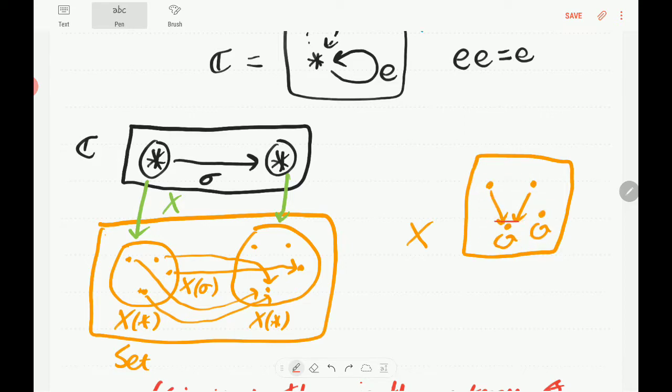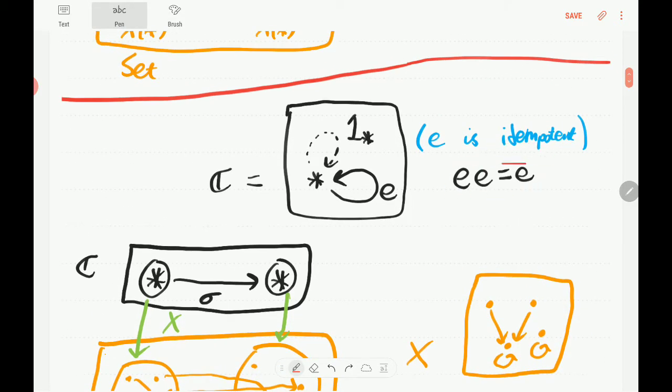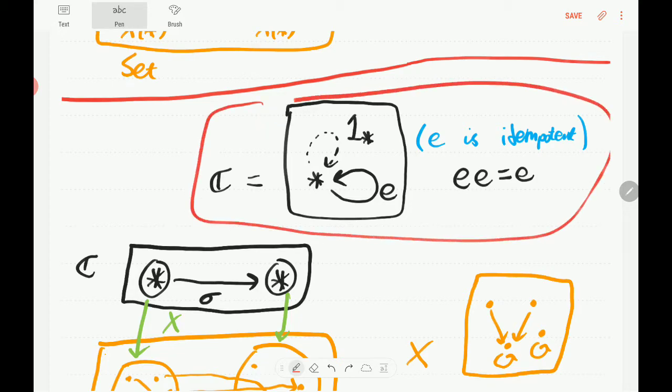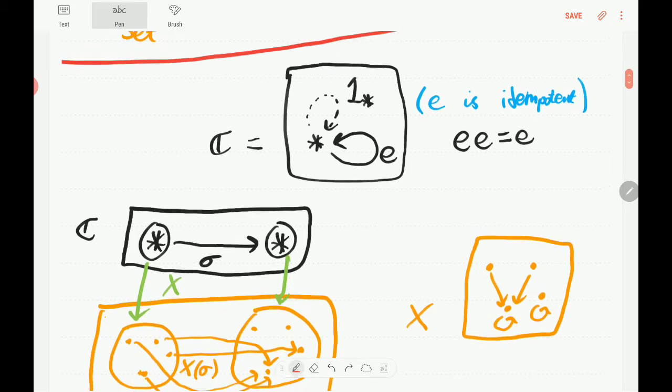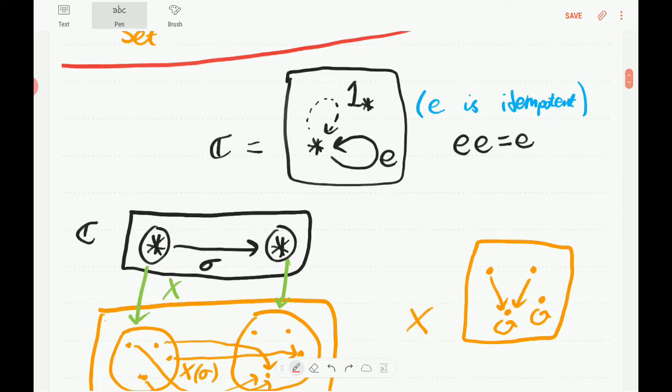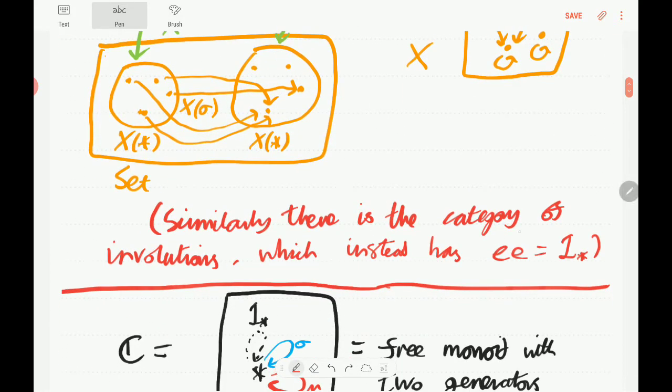Okay, so we have these states that are fixed points, and every state is a fixed point or is going to get updated to become a fixed point. So it's these special dynamical systems which constitute the objects of this category of idempotent dynamical systems, which is set to the power of C, where C is this category where E after E equals E. We can have a similar category where instead of saying E after E equals E, we insist that E after E is the identity.